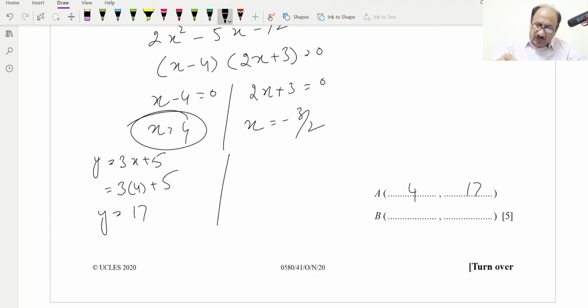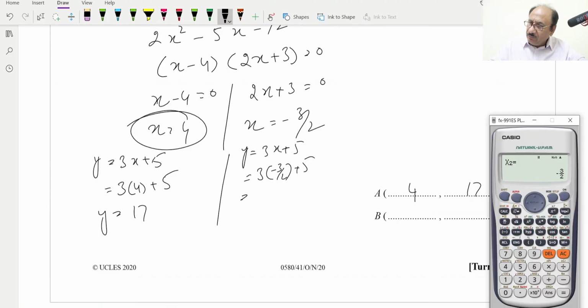And this one we will be replacing in the same equation, y is equal to 3x plus 5. So this will be equal to 3 into minus 3 by 2 plus 5, and this results in 0.5.